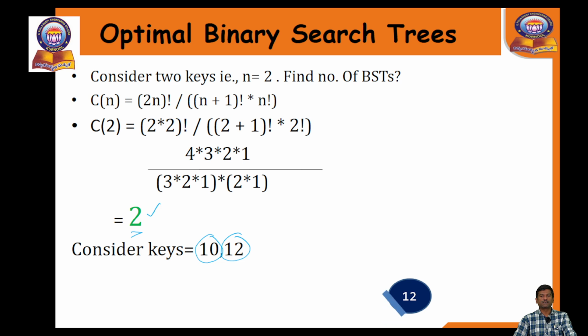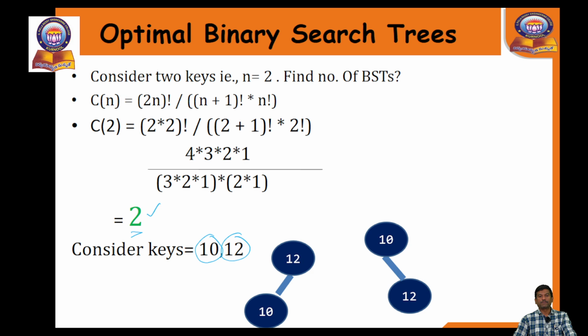Here place 10 as the root node and similarly 12 as the right child. And the next scenario, that is the next binary search tree. This is your binary search tree 1 and binary search tree 2. So 2 binary search trees can be generated. You have to maintain the property of the binary search tree. So here you can have the root as 12 and the left child equal to 10.